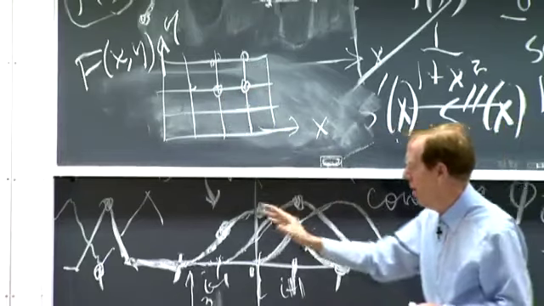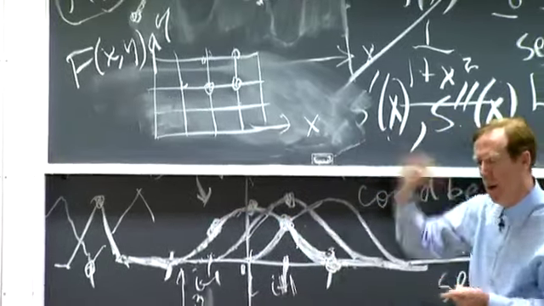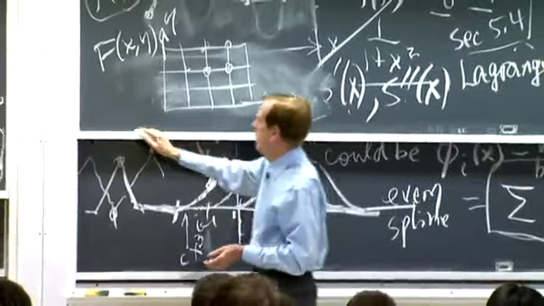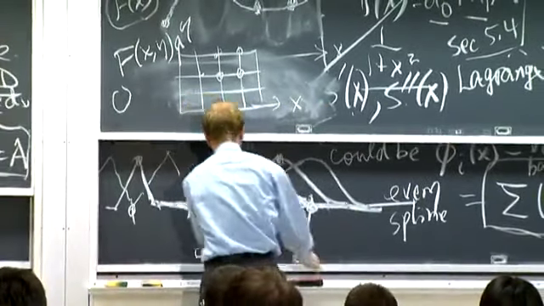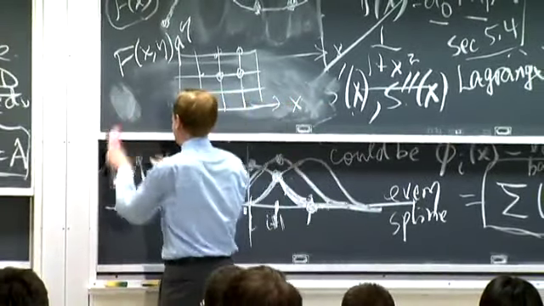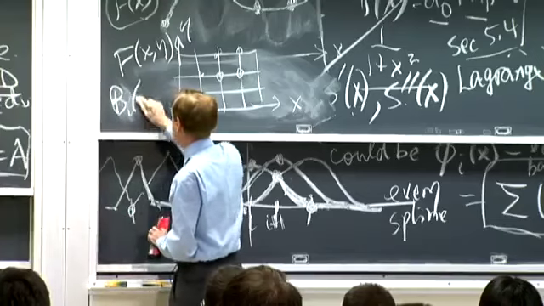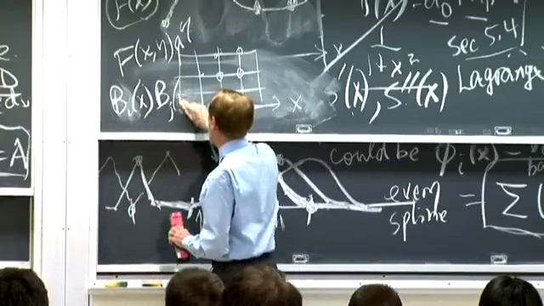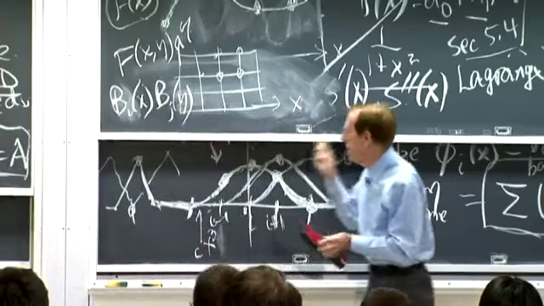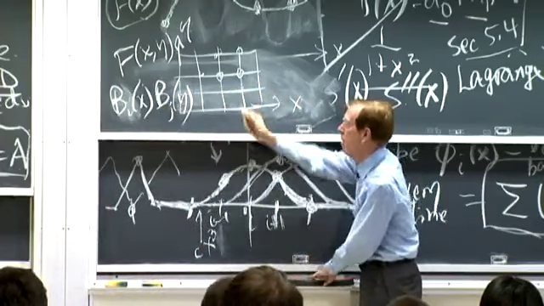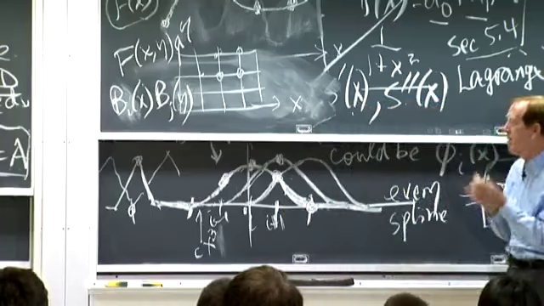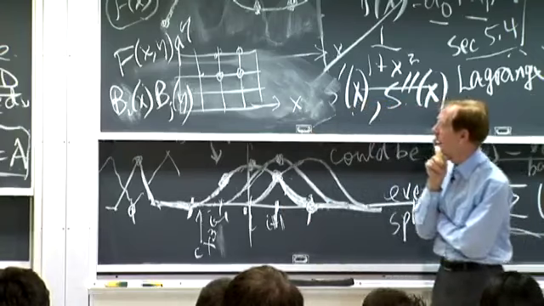I could use products of basis functions, splines in the x direction times splines in the y direction, and it would be pretty successful. It would be not quite as nice, but almost okay.